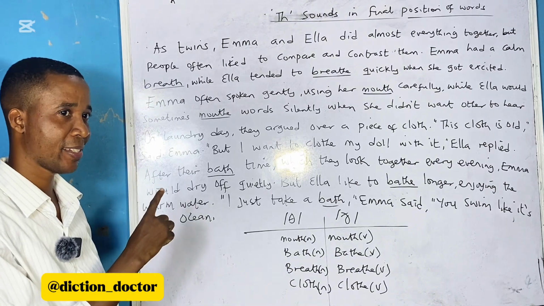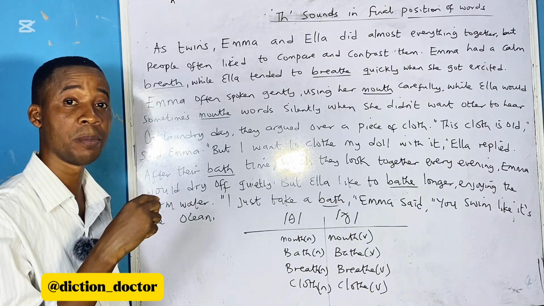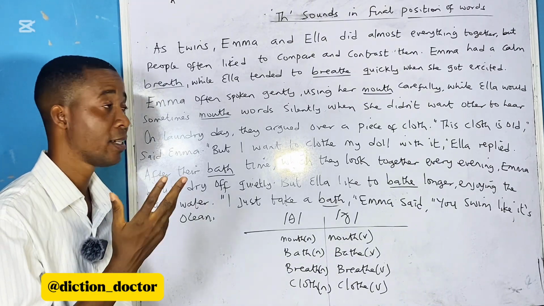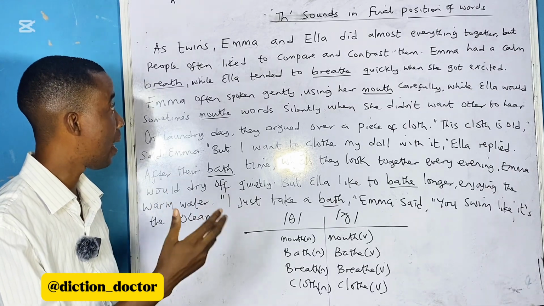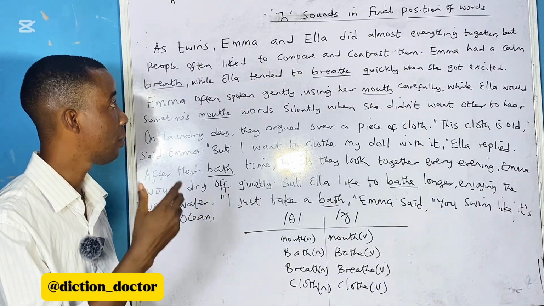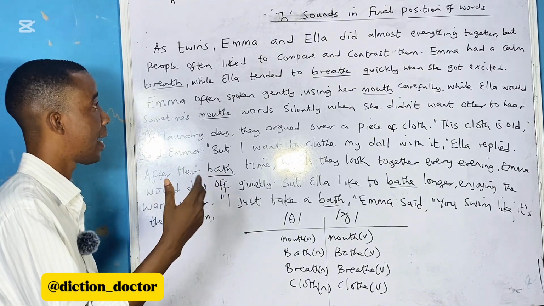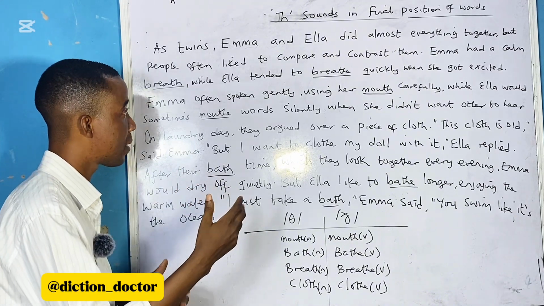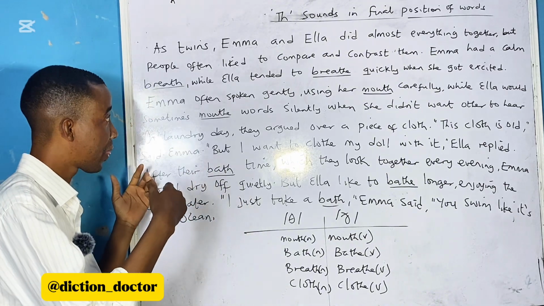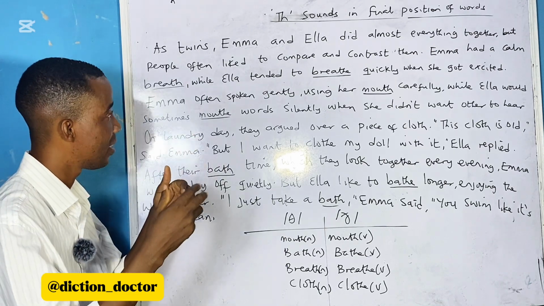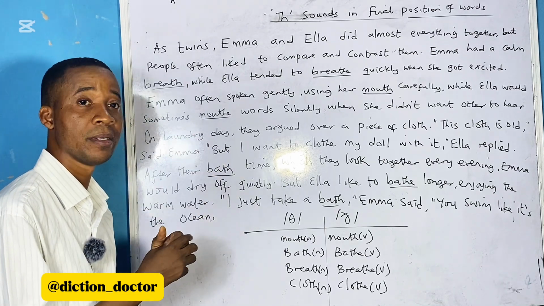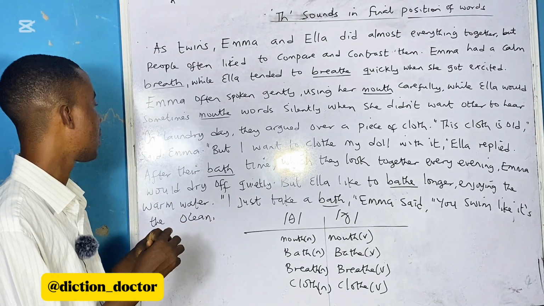So you think about it, all right? Because you're gonna make a video for me about this passage, all right? As twins, Emma and Eller did almost everything together, but people often like to compare and contrast them. Emma had a calm breath, while Eller tended to breathe quickly when she got excited. Now look at the next.